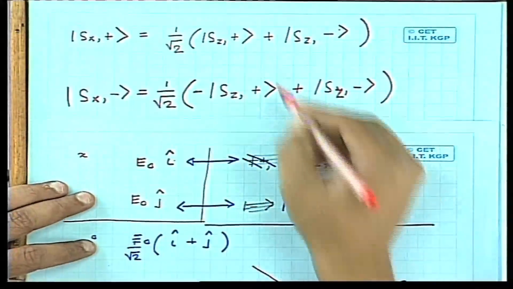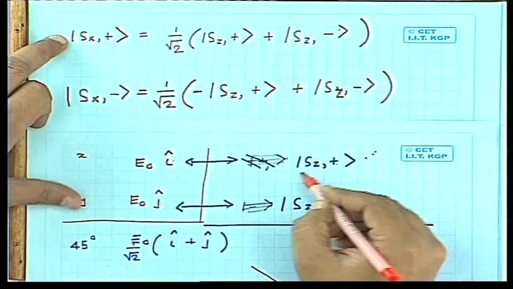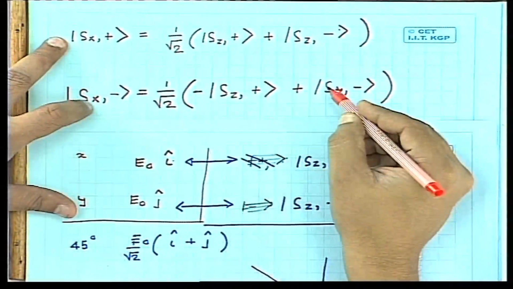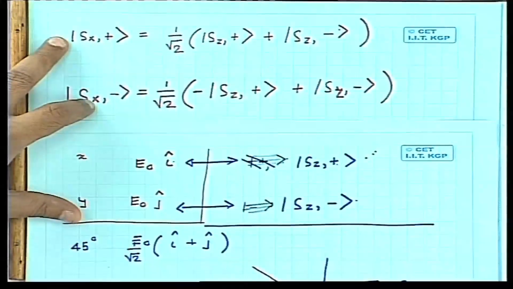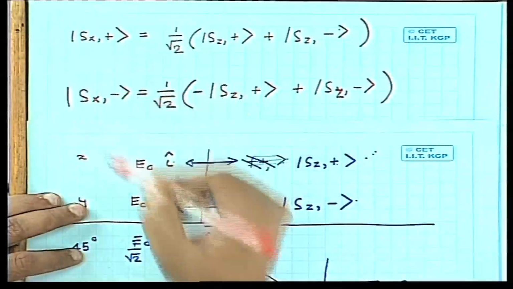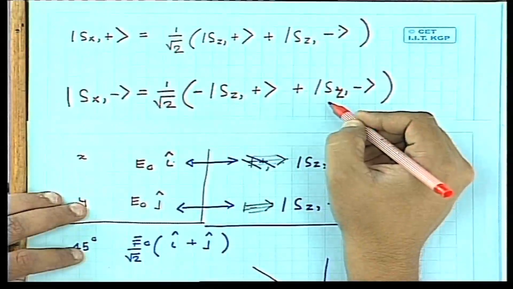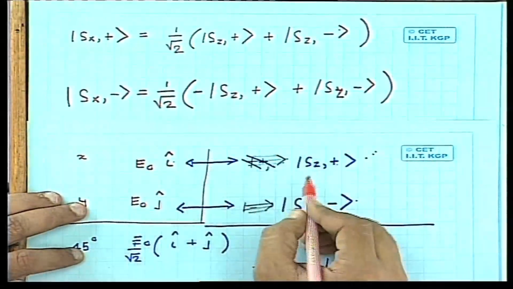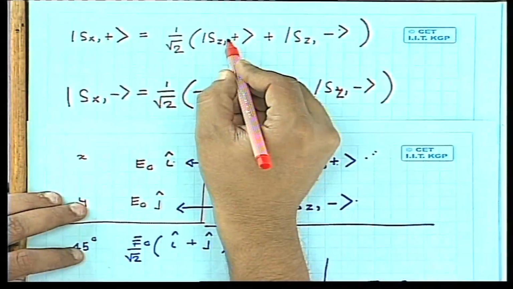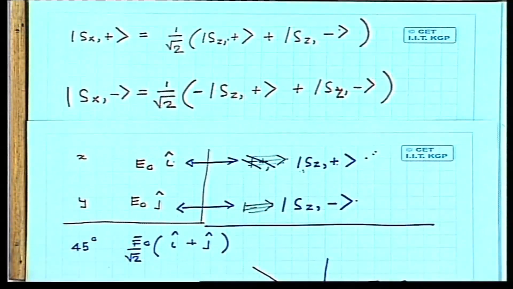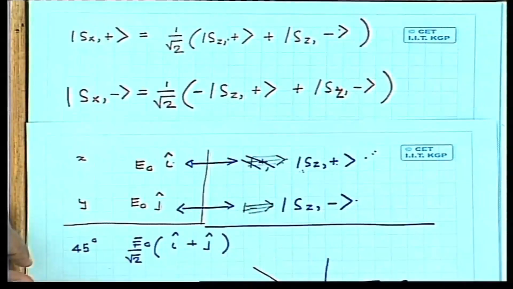Now this vector has this vector as a part of it. Similarly, this vector has this vector as a part of it. So when I make a measurement of this or this, there is a finite chance that I will get this or this. And it is equal because the amplitude of this vector in this or this is the same. Just like if I take a light which is polarized at 45 degrees and make a measurement of the x component of polarization, I will get some amplitude, some intensity.